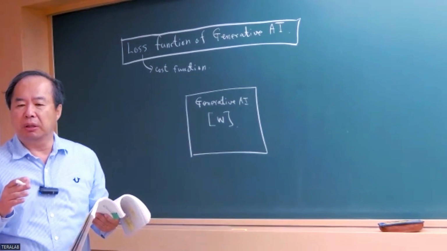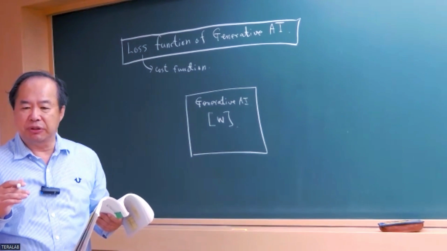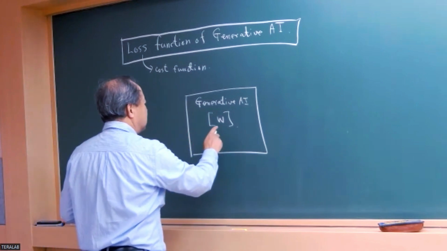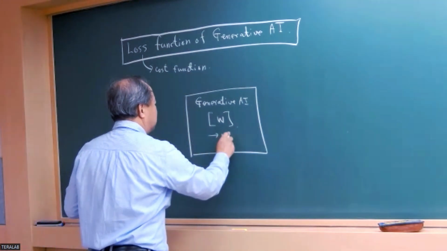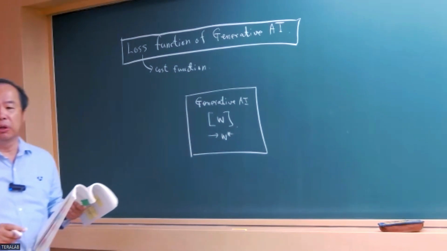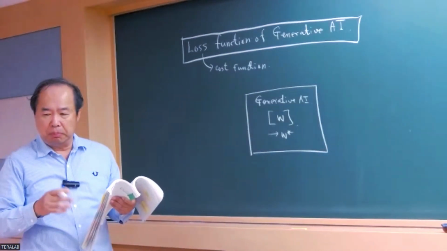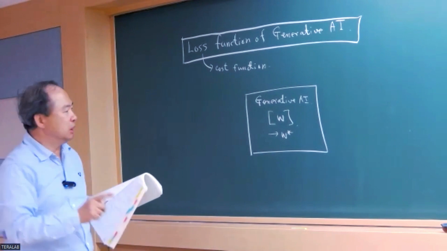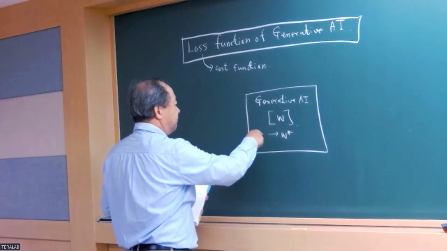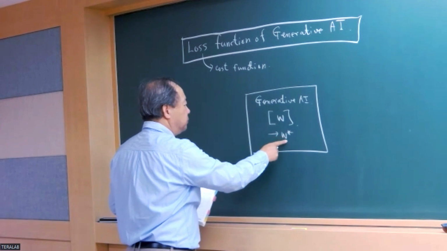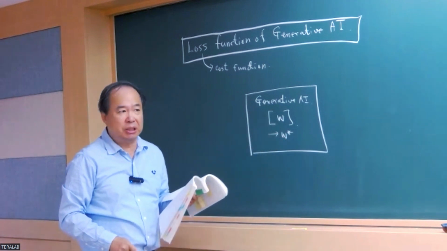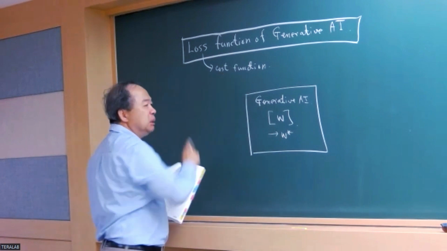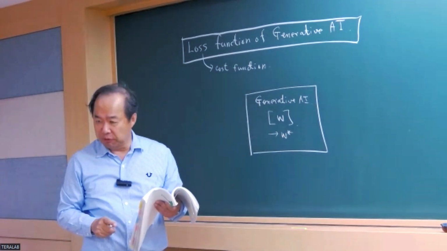The purpose of the training process of generative AI is actually to optimize this weight matrix, to make it an optimal value. Then usually, if you have reached an optimal point of weight matrices, then we have a minimal value of loss function.